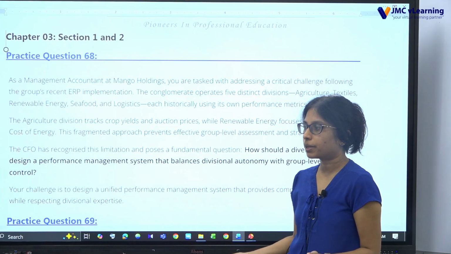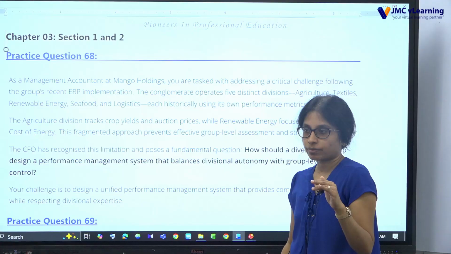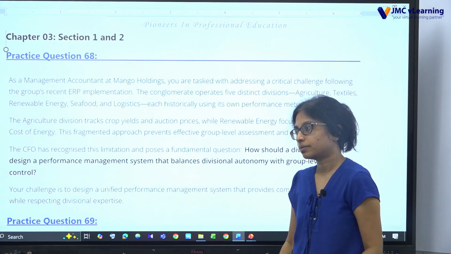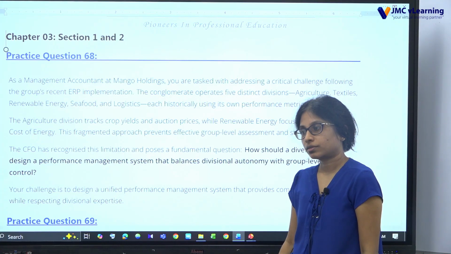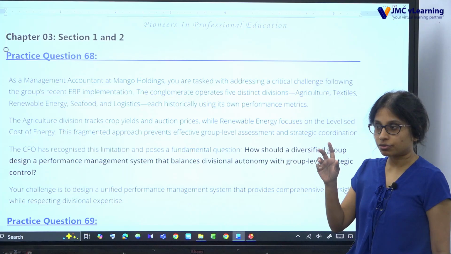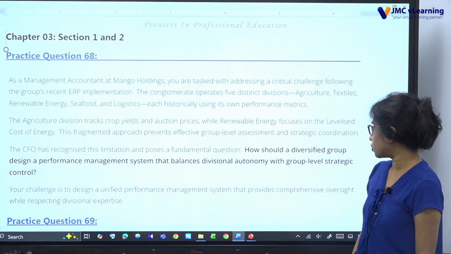How do you compare between the two? There is no common ground. You don't know which company is doing better. Objectives are different. So when your measurement units are different, you can't compare between the two. So that is the issue.